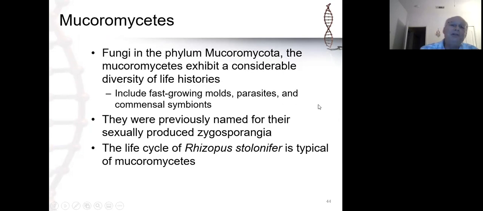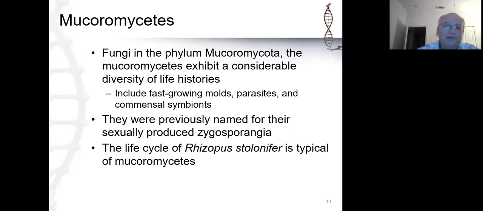So the mucoromycetes are a pretty diverse group of organisms. They represent the remainder of the old phylum Zygomycota, which, by the way, originates from, or the term Zygomycota is a reference to the presence of the zygosporangia, which was considered to be the typical sexual reproductive structure.